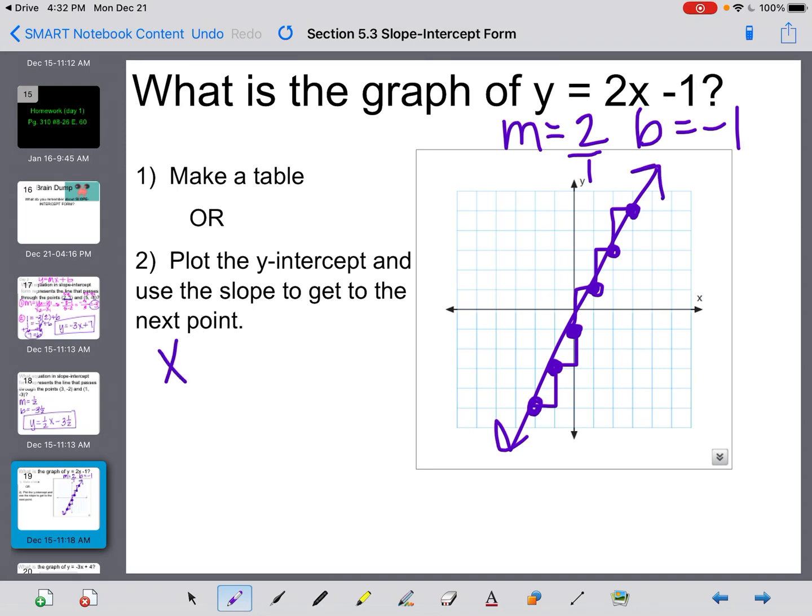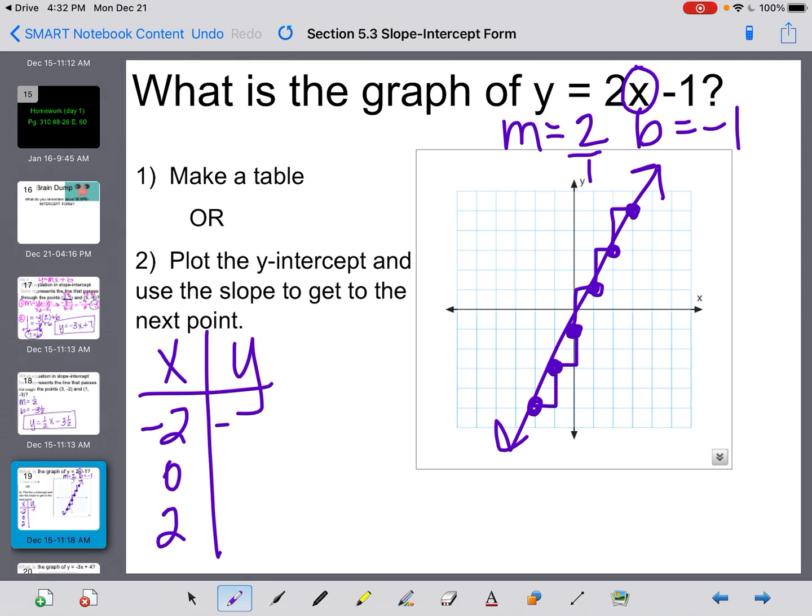Now, if you wanted to make a table, you would get to pick your own points. I'm going to go with negative 2, 0, and positive 2 because I don't have a lot of space, but I want to make sure that I have a negative, a 0, and a positive. If I plug a negative 2 in for this x, 2 times negative 2 is negative 4. Minus 1 is negative 5. So I should be able to go back 2, down 5, and that gets me this point right here. Then if I plug in a 0, I will get negative 1.